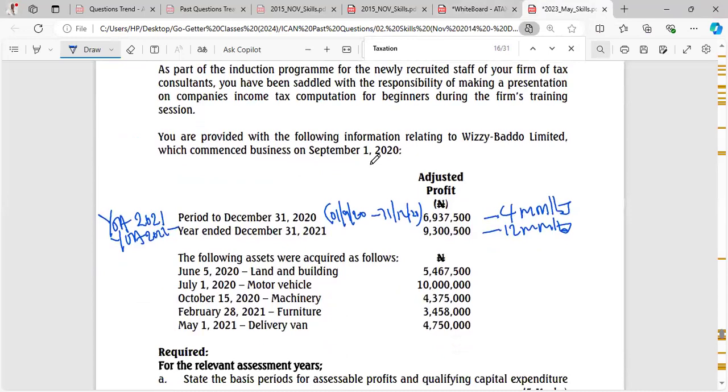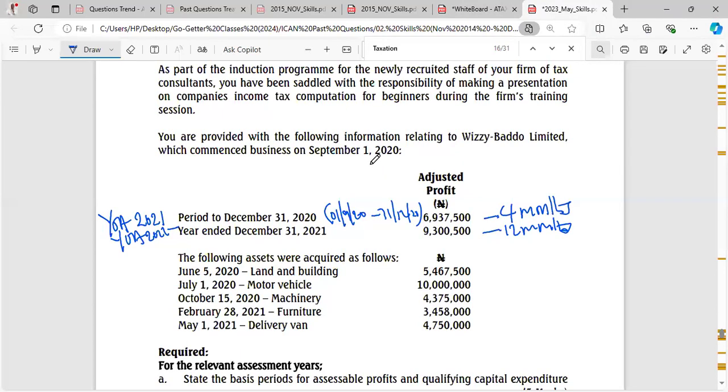So we're applying the new Finance Act rule. If it were the previous rule, you'll find out that the basis period for capital allowance and that of assessable profits would be different.